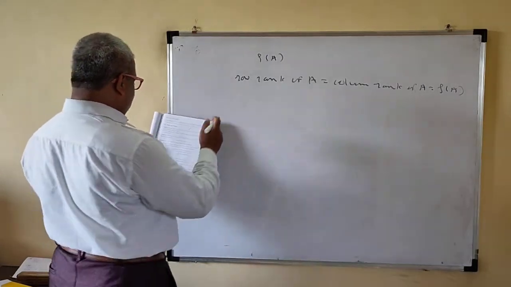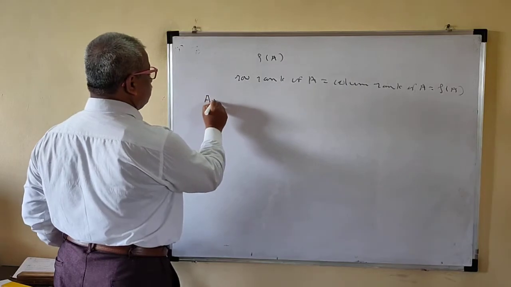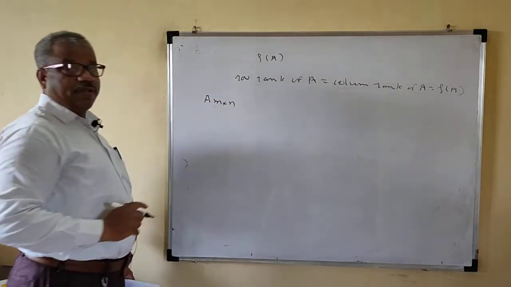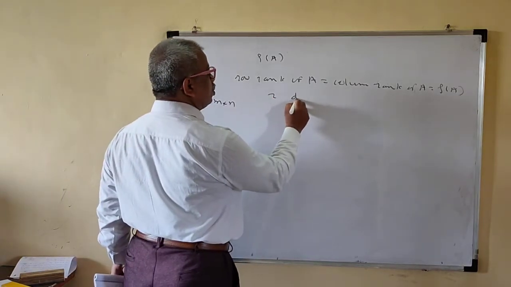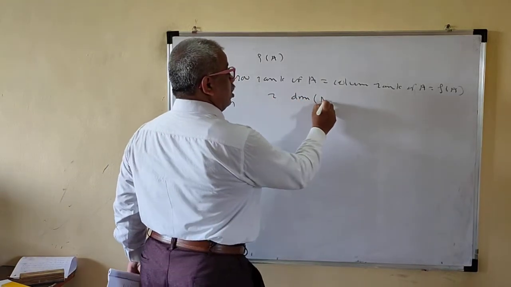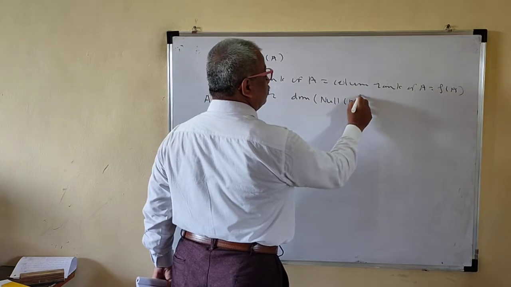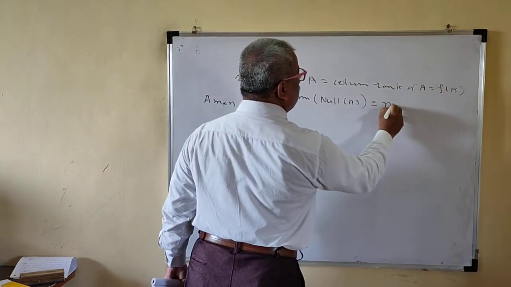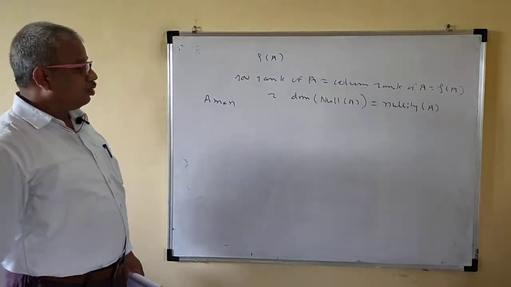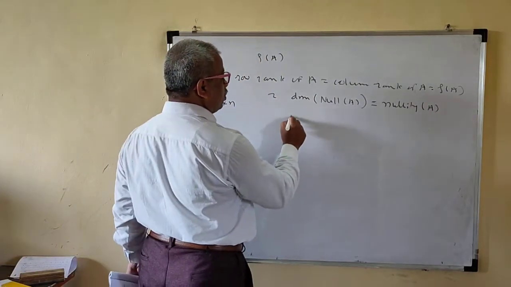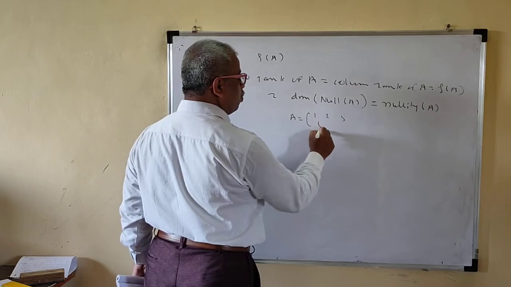This is also very important here. Suppose A is an m by n matrix. The dimension of the null space of A is nothing but the nullity of A. So what does the null space of A mean? Suppose A is 1, 2, 3; 4, 5, 6.